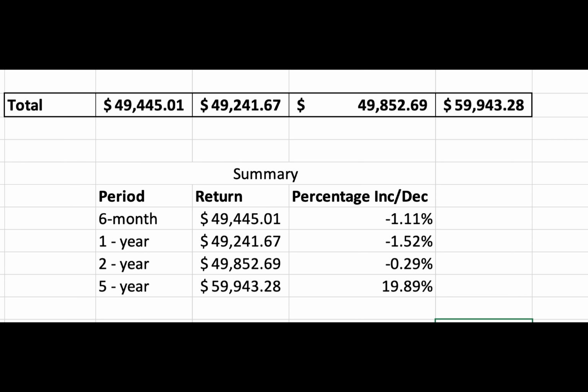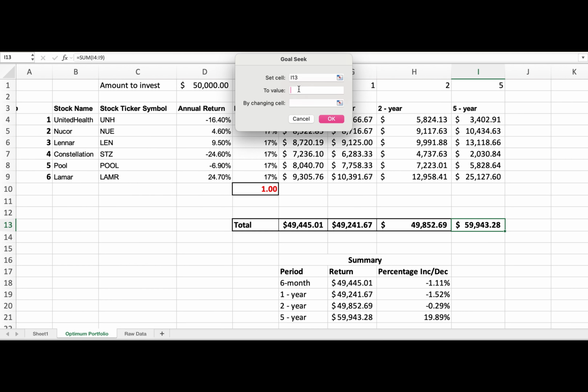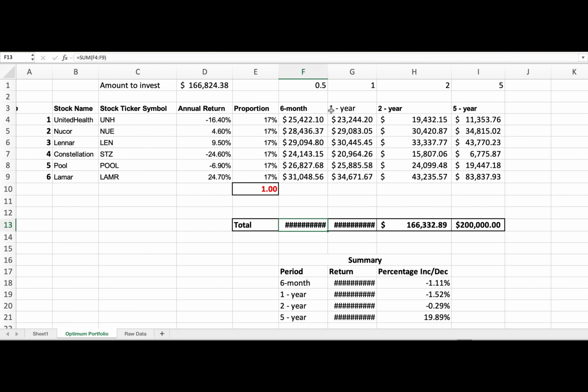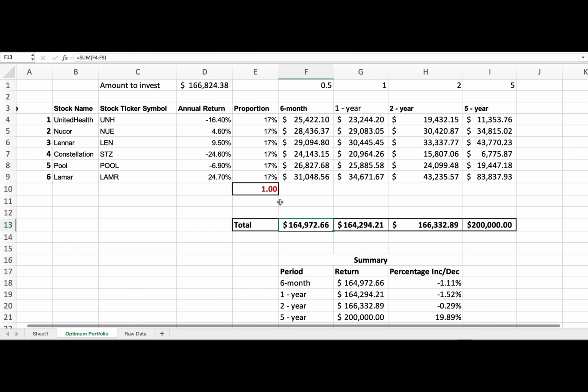Stocks crash and everything. A realistic thing that we can do is try and look at a goal seek function, which basically looks at how much we have to invest in order to receive a desired outcome of, let's say, $200,000, and we need $166,000.